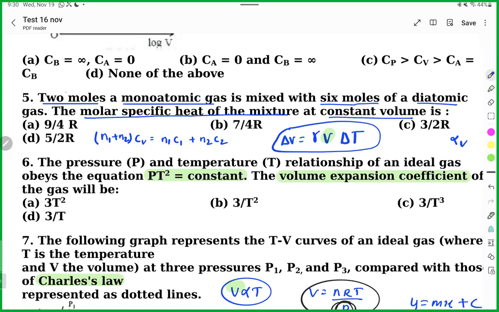You know N1 value 2, N2 value 6. Final value you have to calculate. C1 value for monoatomic gas 3 by 2 R and for diatomic gas 5 by 2 R. Yes or no? Correct. Now you put value and you will get the answer.